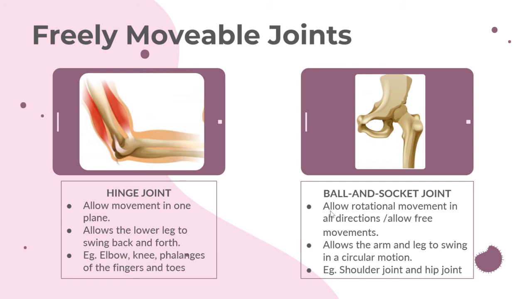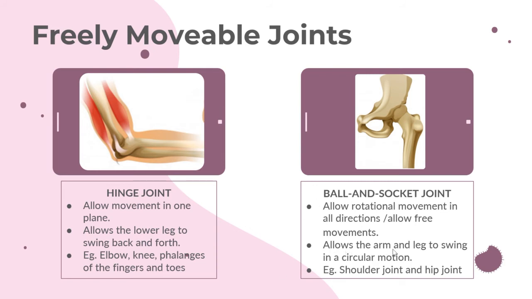So the ball and socket joint allows rotational movement in all directions. So it allows the movement in 360 degrees, right? Or we can say that it allows free movement in all directions.